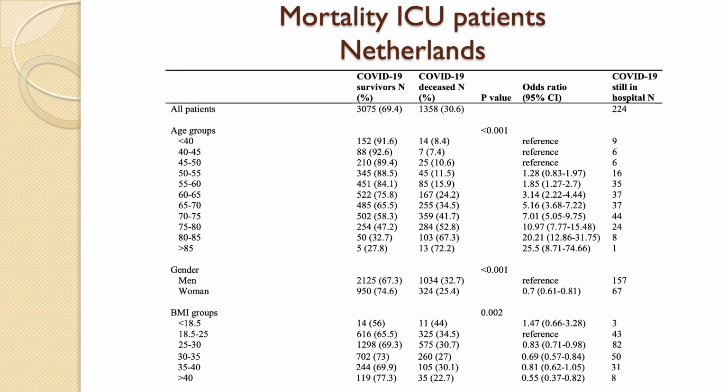Well, these are figures coming from the Netherlands, where the mortality of ICU patients is indicated. And as you can see, there is a very clear increase of mortality risk with an increase of the age, showing that patients between 80 and 85 who have been admitted to the intensive care, so that is already a selected group, have a mortality of over 65%.